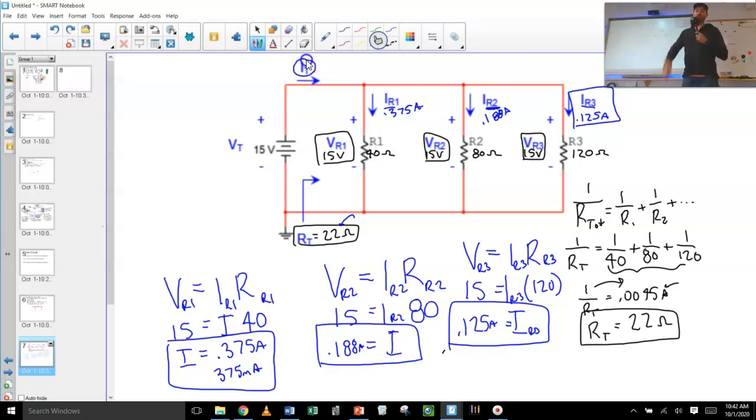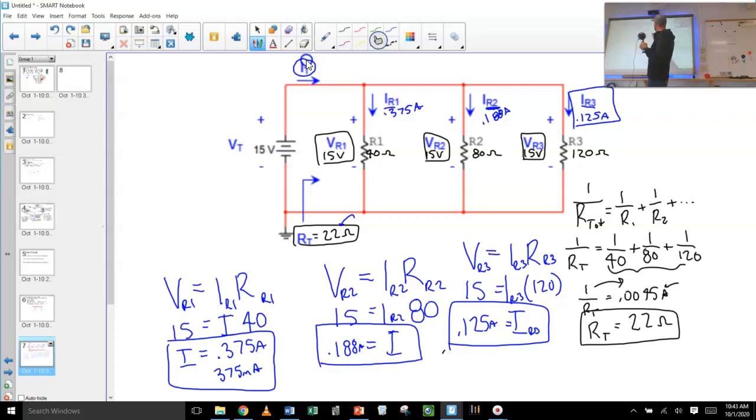The last thing I need to find in this problem is the total current. The total current is going to be adding up. Now here's the third primary difference in a parallel circuit. The current adds up. In a series circuit, the voltage added up, but now in a parallel circuit, the current is going to add up.